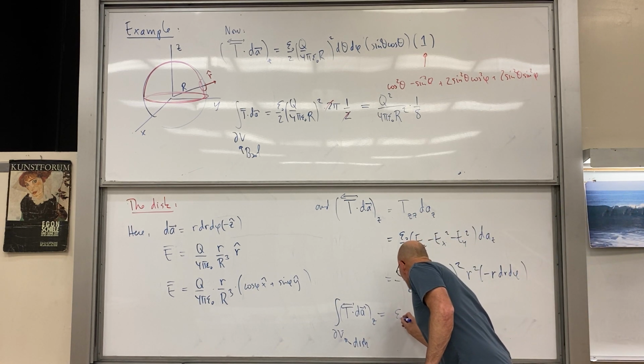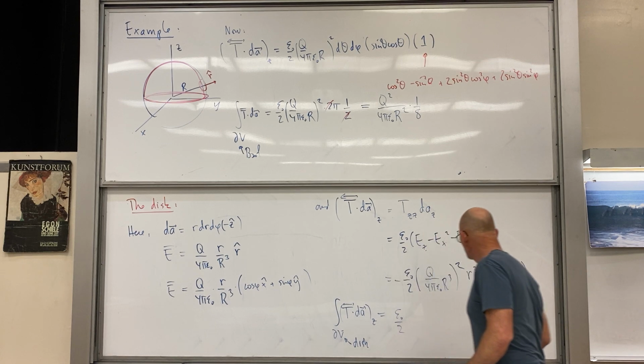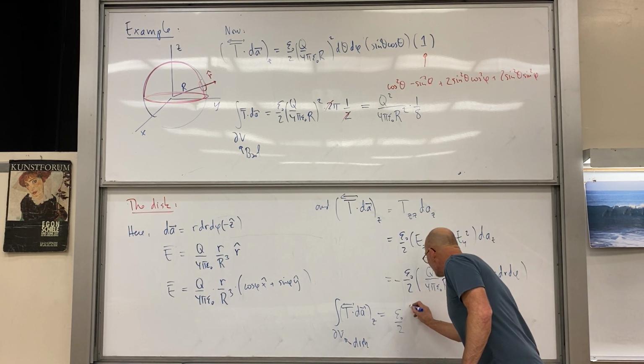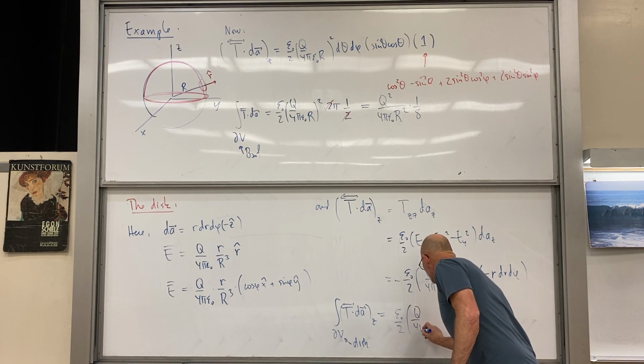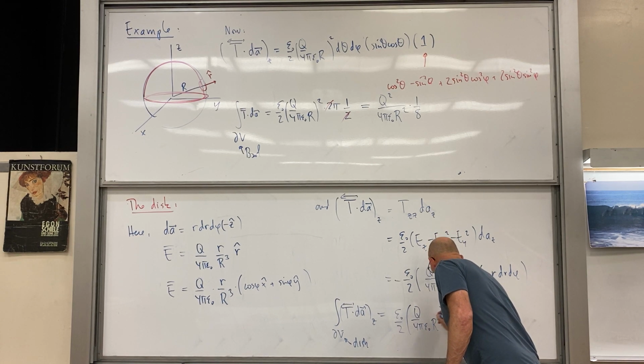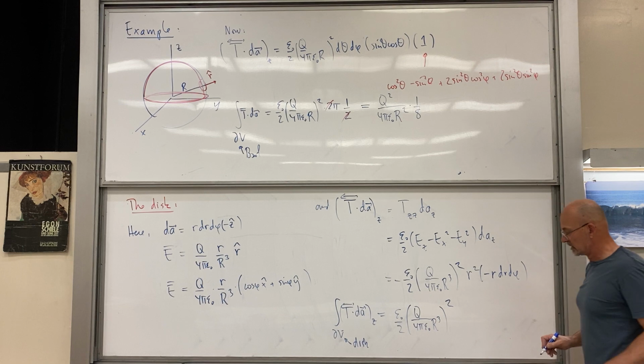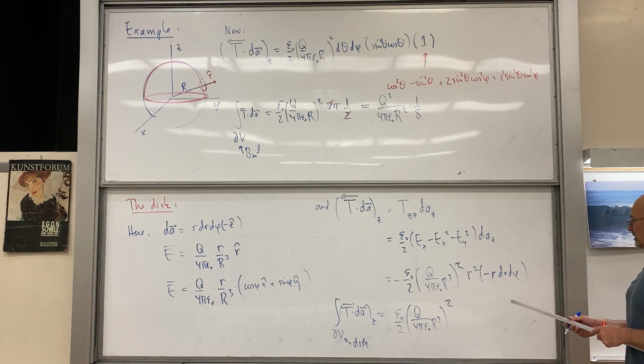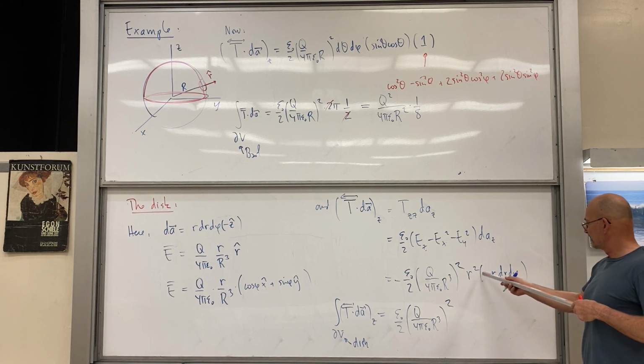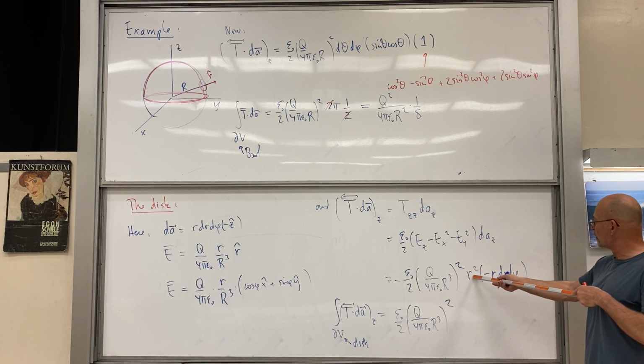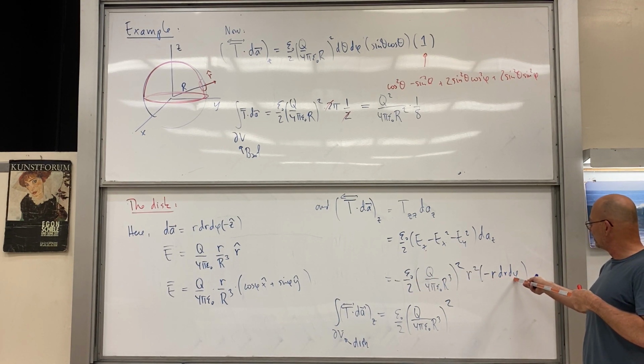We have epsilon naught over 2. We have q over 4 pi epsilon naught R cubed, squared. And we're going to integrate, minus signs are already gone, an r cubed dr d phi.